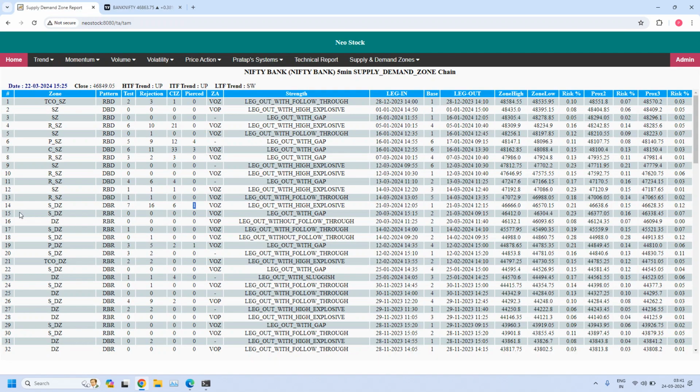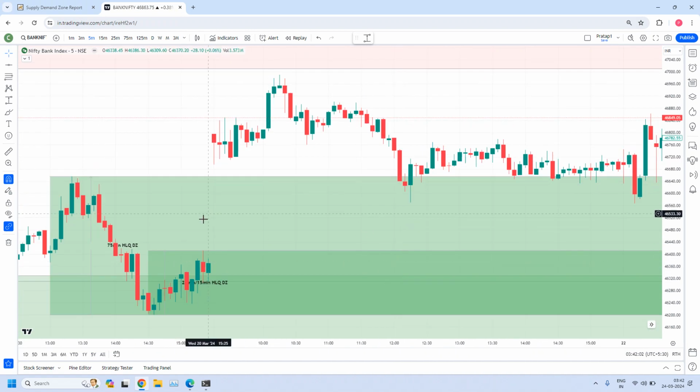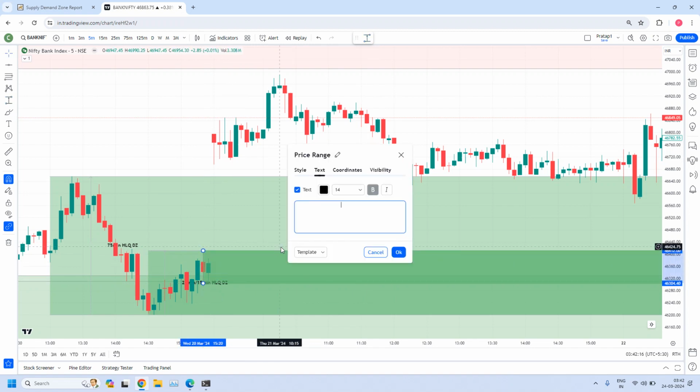So what is immediately available? The 15th one, which is not pierced and is a fresh zone. This is on 20 March 15:15, two base candles. This is the one, 20 March 15:15, two base candles. This is 15 minutes, high liquidity.